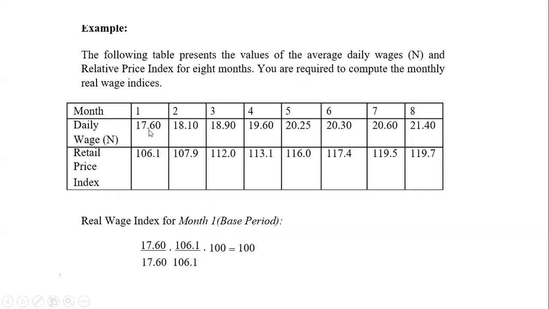So month 1, we take x over x. It is the same thing. The new and the old are the same. That's why you see the first month, 17.60 over 17.60. Then the x base and the x new are also the same. So 106.1 over 106.1 times 100. That's why I said the first one, if you like, you just write your 100% because it will not change anything. So that is the first one.